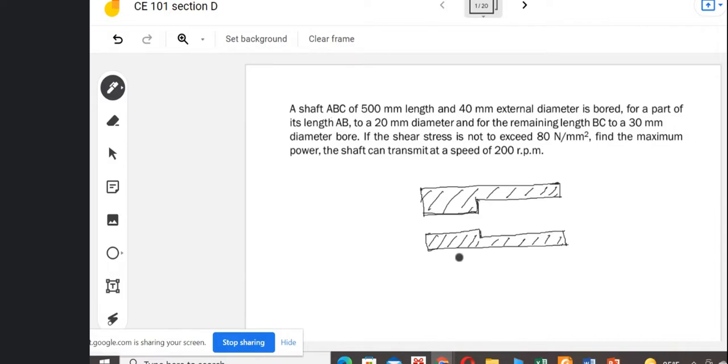So I have drawn one figure. You can also draw. Then we can start solving the problem.